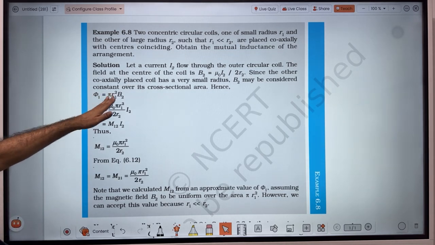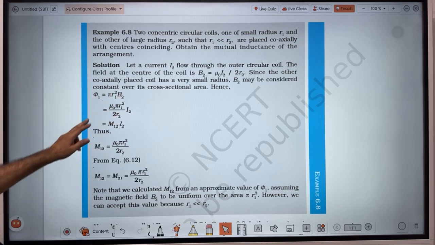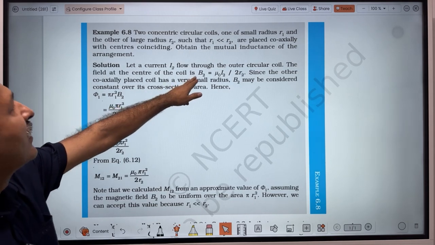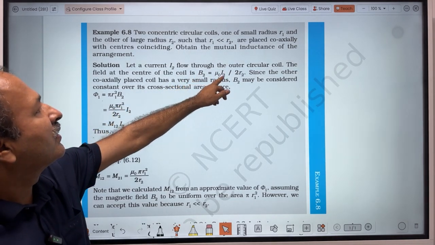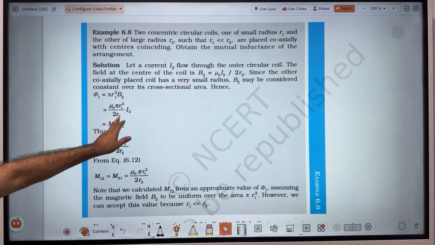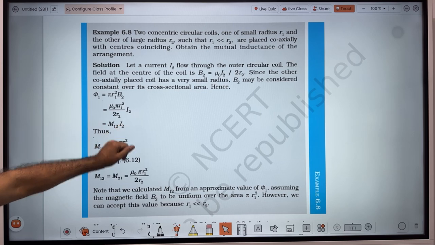So phi equals area times magnetic field, pi R1 square B2, right? But here we have got the value of B2 as mu naught I2 divided by 2R2. So we write that value over here. So we get this value M12 times I2.